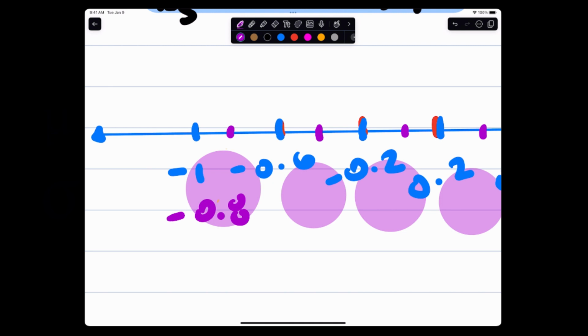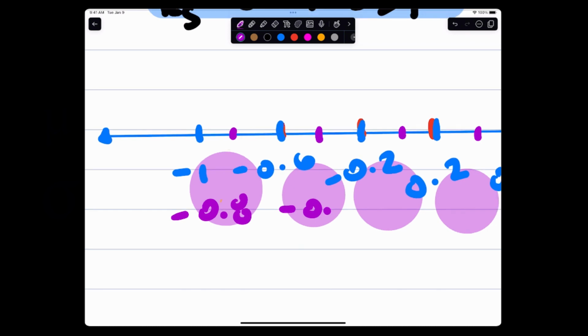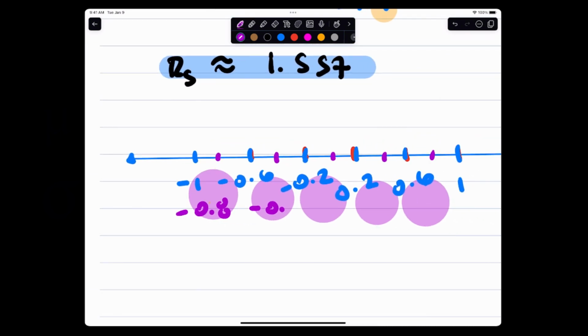You guys know what's nice about delta x being 0.4? I don't have to get all the other midpoints. I could just add 0.4. Isn't that going to be negative what? 0.4, add delta x, 0, positive 0.4, and then 0.8.